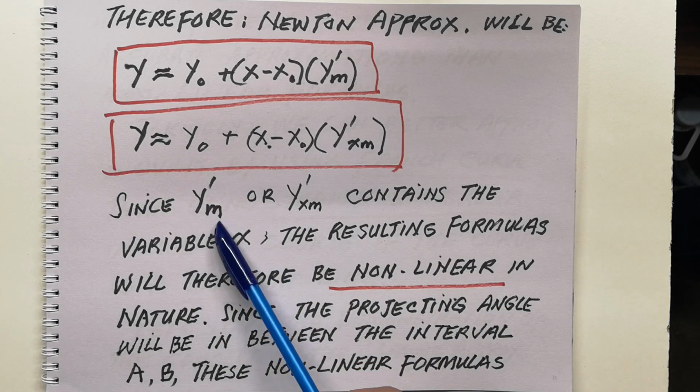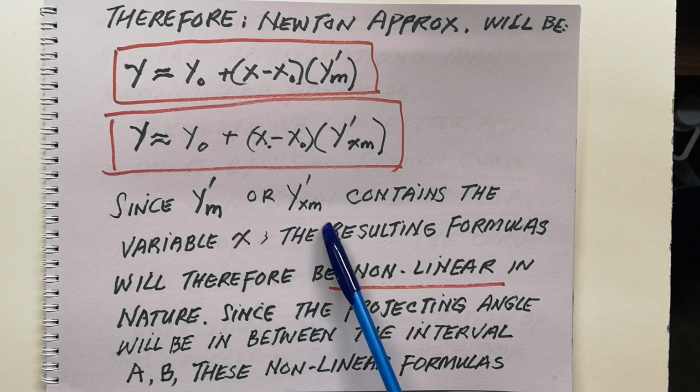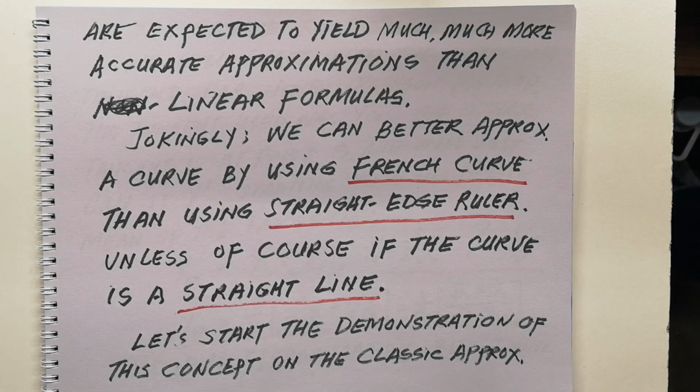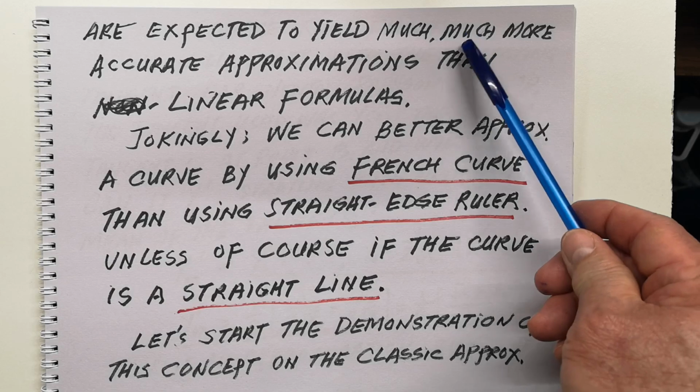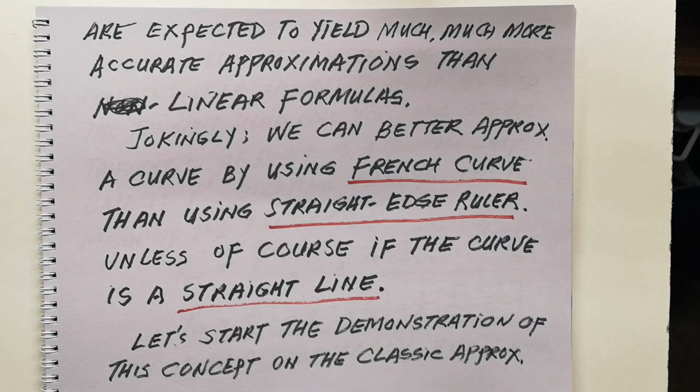Since y prime at xm contains the variable x, the resulting formulas will therefore be nonlinear in nature. Since the projecting angle will be in between the interval AB, these nonlinear formulas are expected to yield much more accurate approximations than linear formulas.